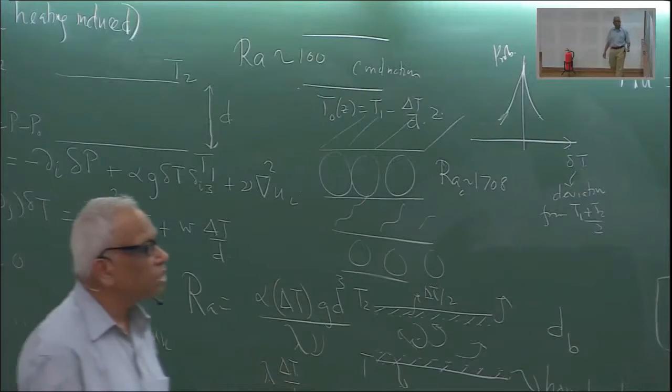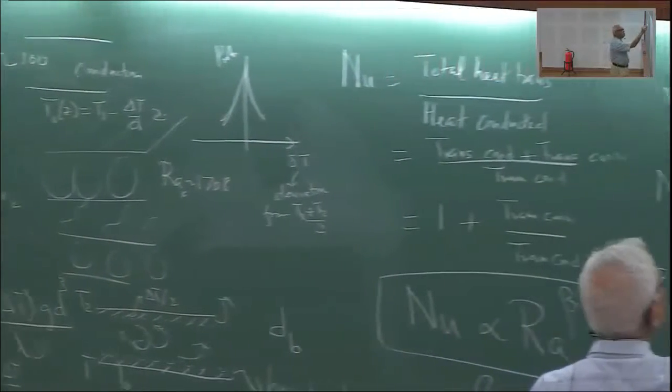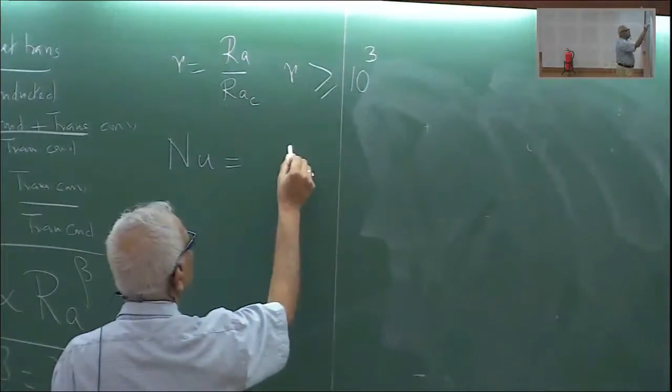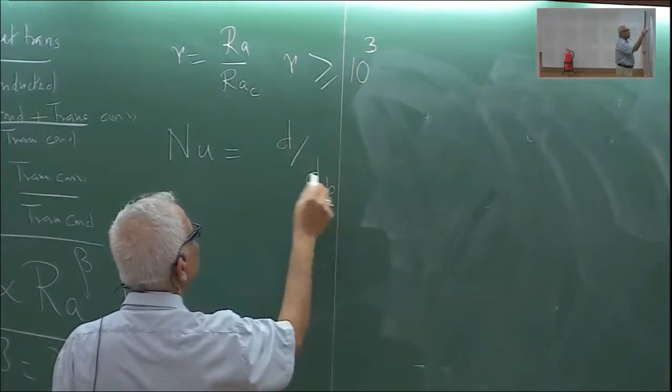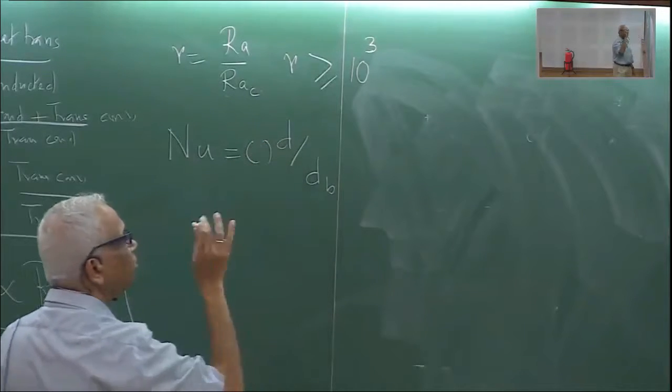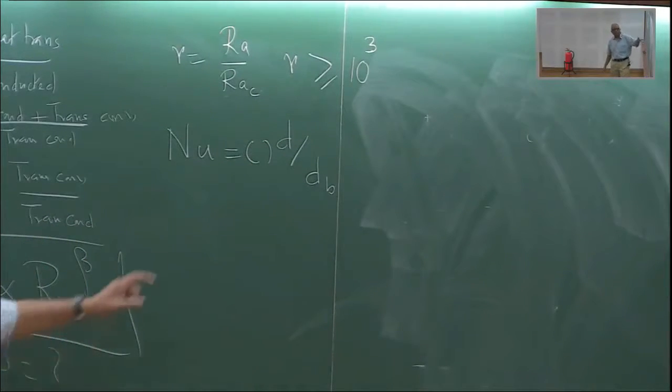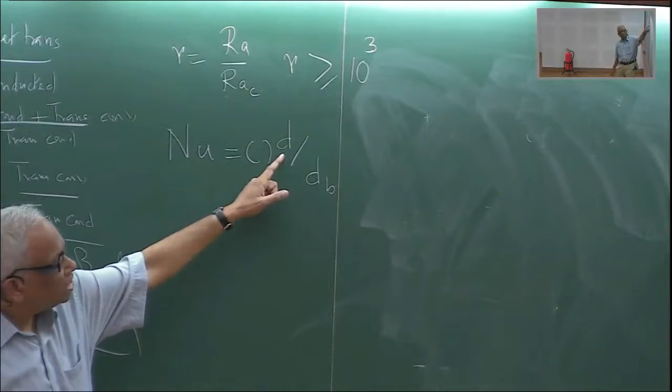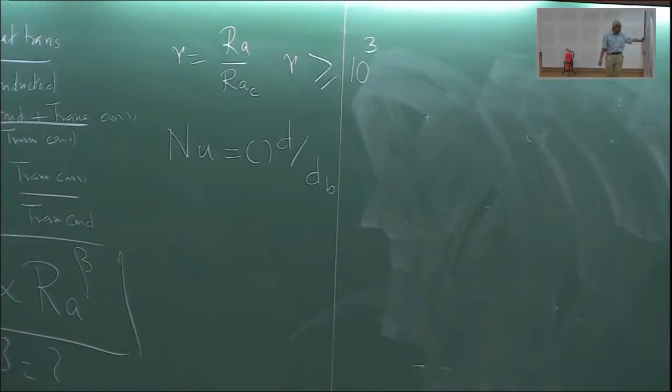So the Nusselt number is, barring some numerical constants, d divided by d_B, and there can be numbers of order unity sitting over here. But it is primarily determined by the ratio of the height of the cell separation divided by the thickness of the boundary layer. So that's what you have to do. All right, so first draw is that this boundary layer over here is conducting.